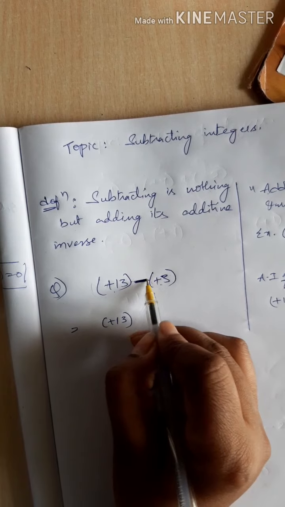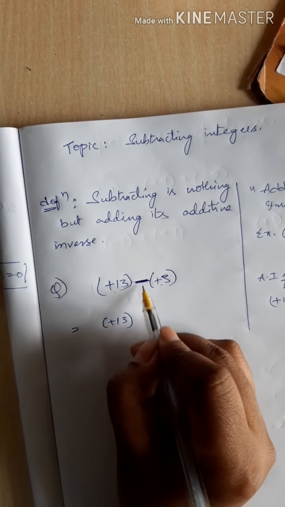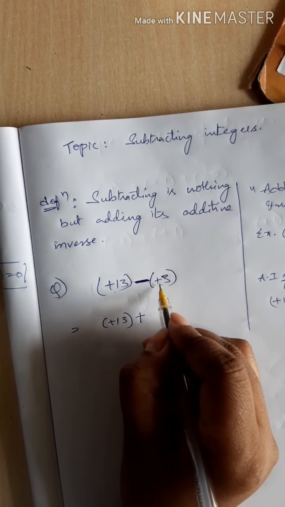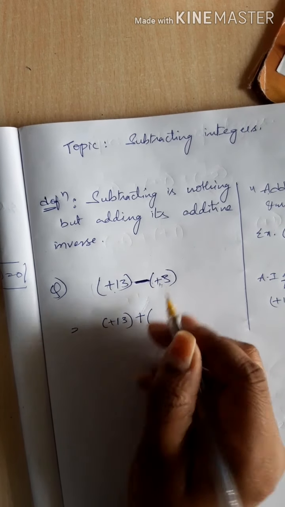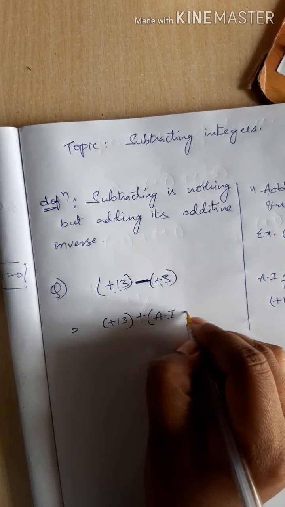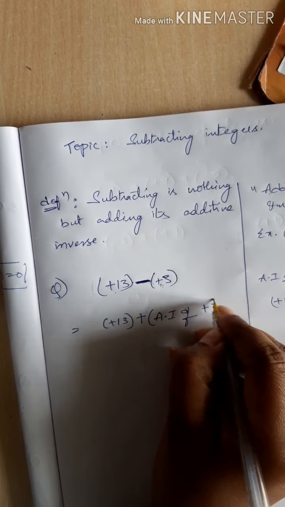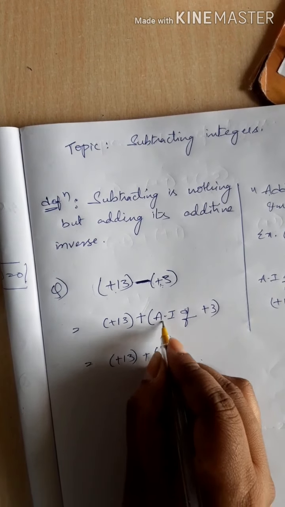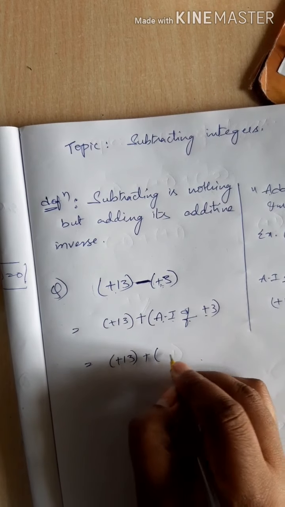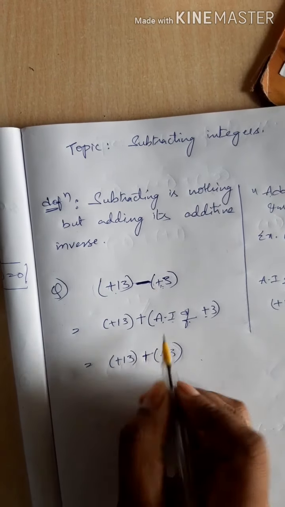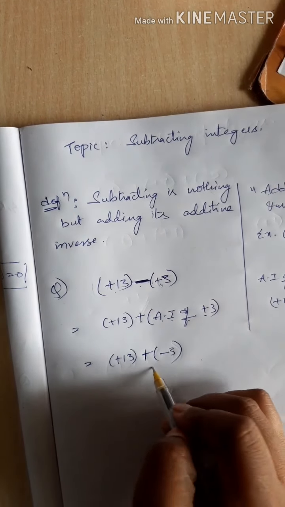Subtracting is nothing but adding its additive inverse, whose additive inverse? Of whoever I am subtracting, the additive inverse of plus 3. Now plus 13 plus, what is the additive inverse of plus 3? Minus 3.